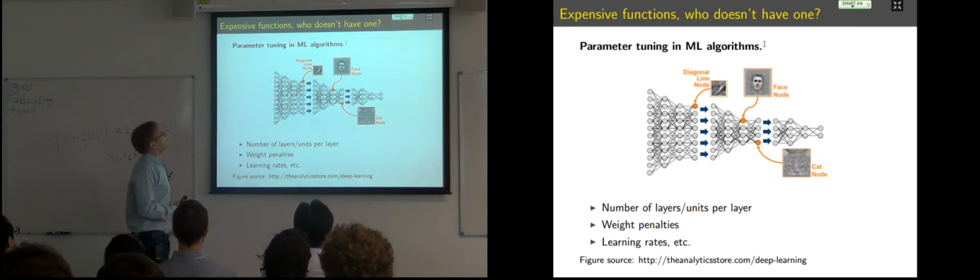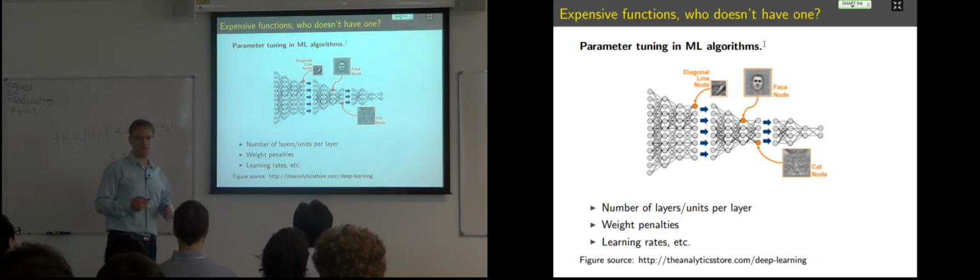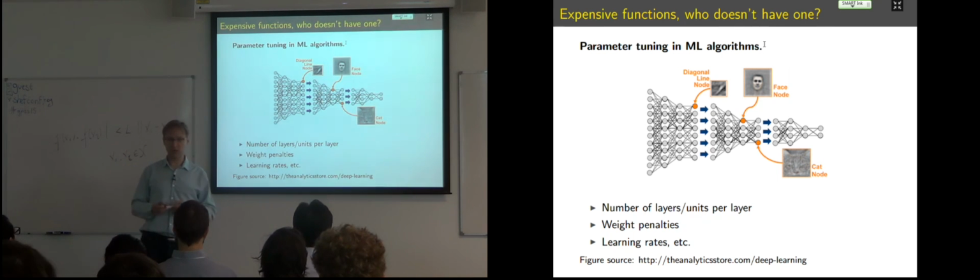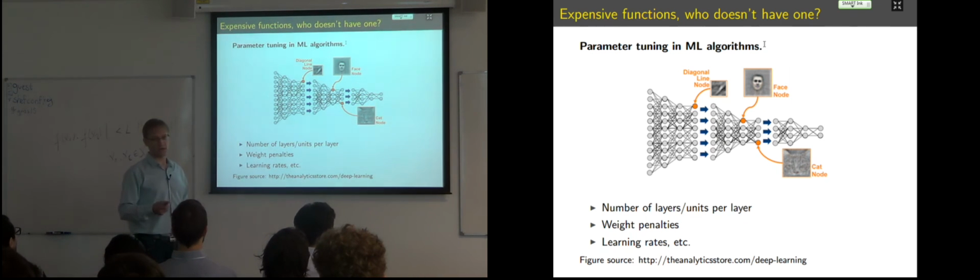So if you think about this expensive function that we are going to talk about today, I want you to find yourself in a position where you had a problem like this before. This is a clear application of what Bayesian optimization does. You can use the techniques we are going to talk about today to tune parameters of machine learning algorithms.